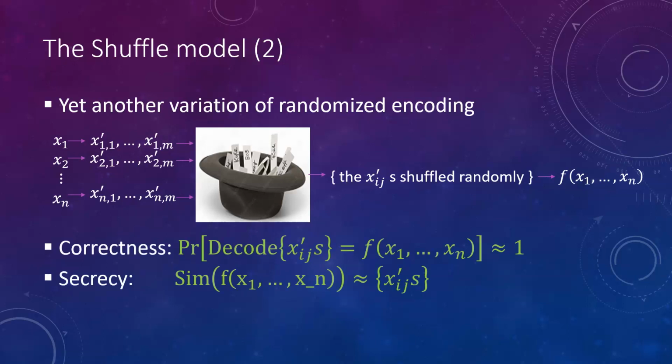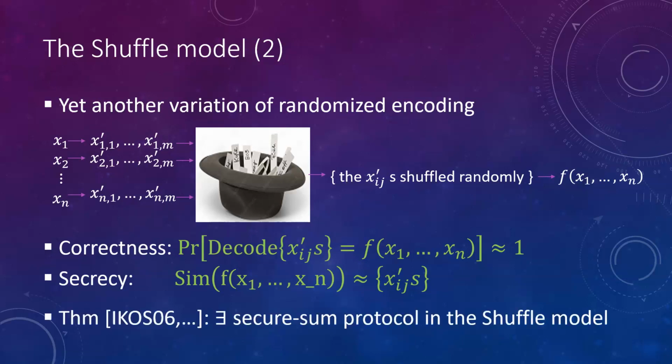The value of the function is the right one, at least with high probability, and given the output of the function, a simulator can compute the same distribution, or a computationally indistinguishable distribution, of these messages. And ICOS and then others showed that, in particular, computing the sum is possible in the shuffle model.